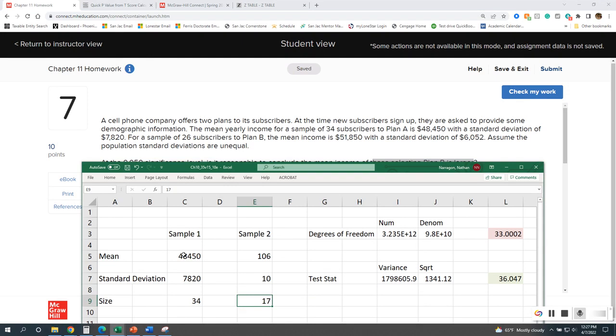Plan B has a mean income of 51,850 with a standard deviation of 6,052, and it hosts 26 subscribers.